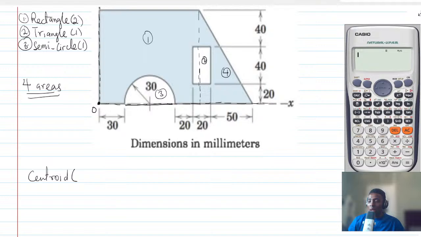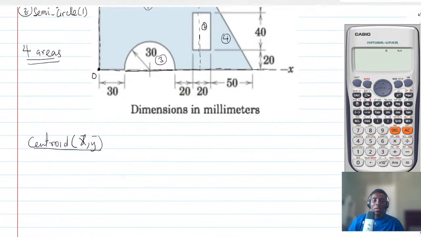Find the centroid in terms of the x bar and then the y bar. Okay. All right. So x bar, y bar.